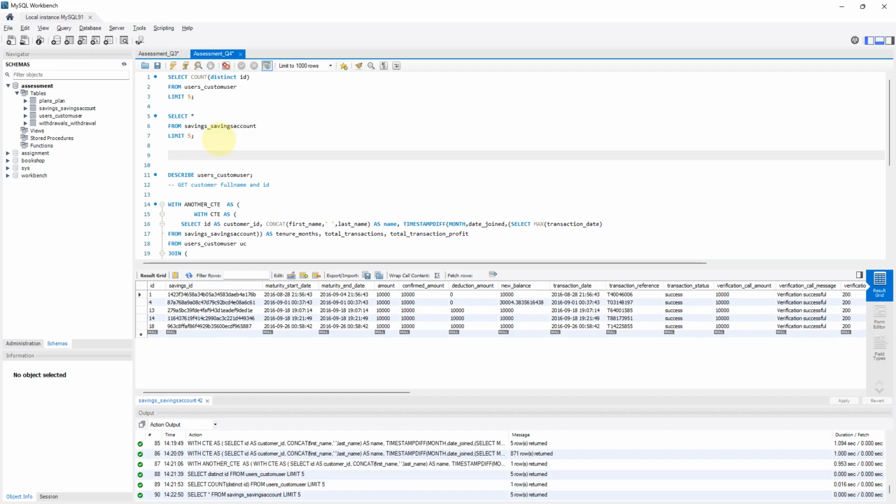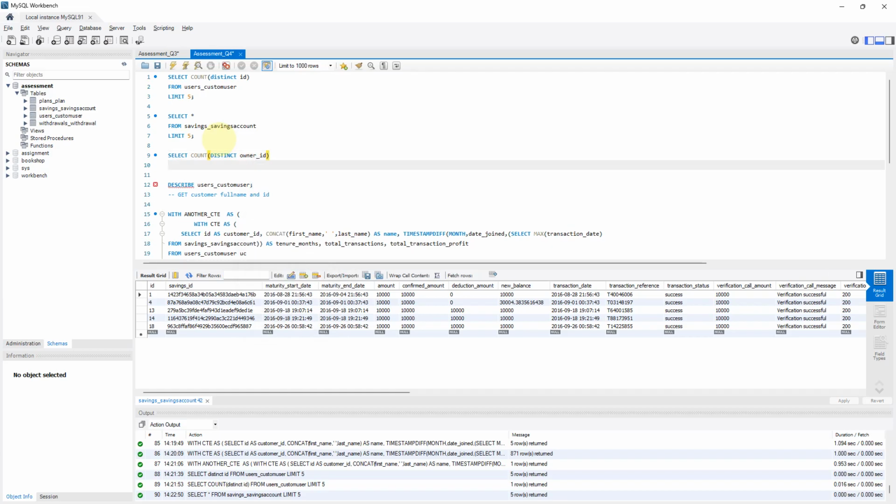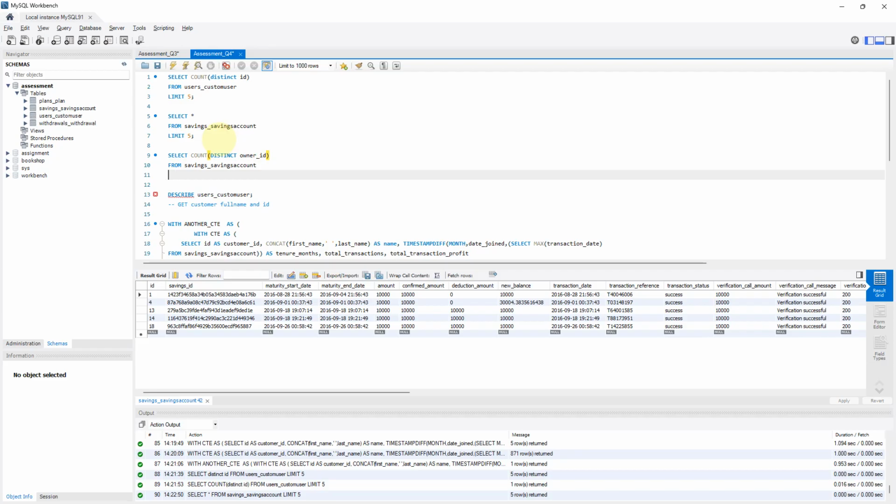So let me see. I want to do a litmus test, and let me just do this. I want to do a count distinct of owner ID from savings where transaction status like success.